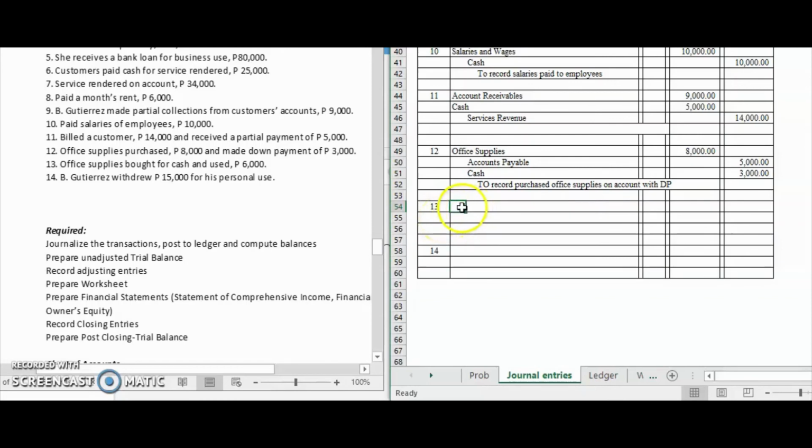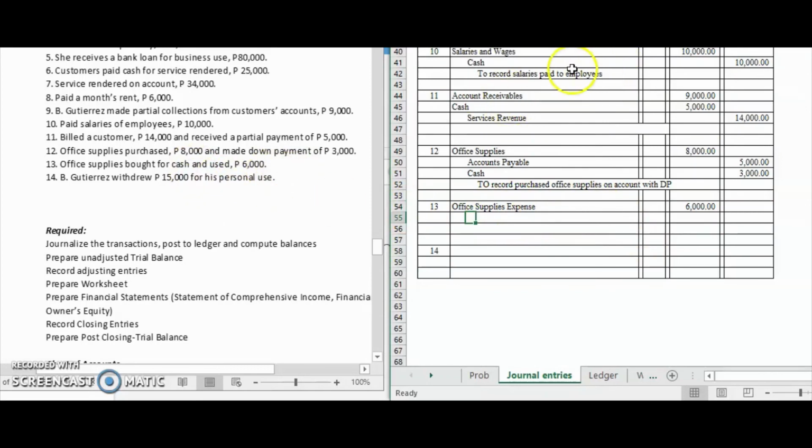Okay, ni-record mo na siya nung pagkatapos mong gamitin. So we have here office supplies expense. Bakit hindi na siya office supplies just like this one? Because office supplies in this transaction is an asset. This time it becomes an expense. Why? Used na po kasi siya. What is the amount? 6,000.